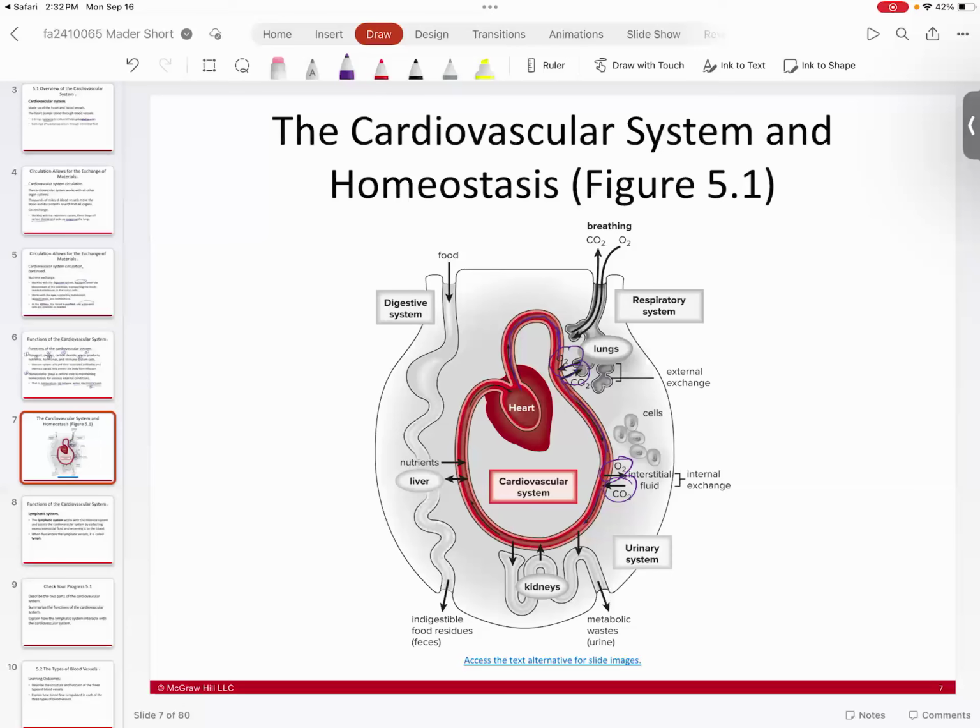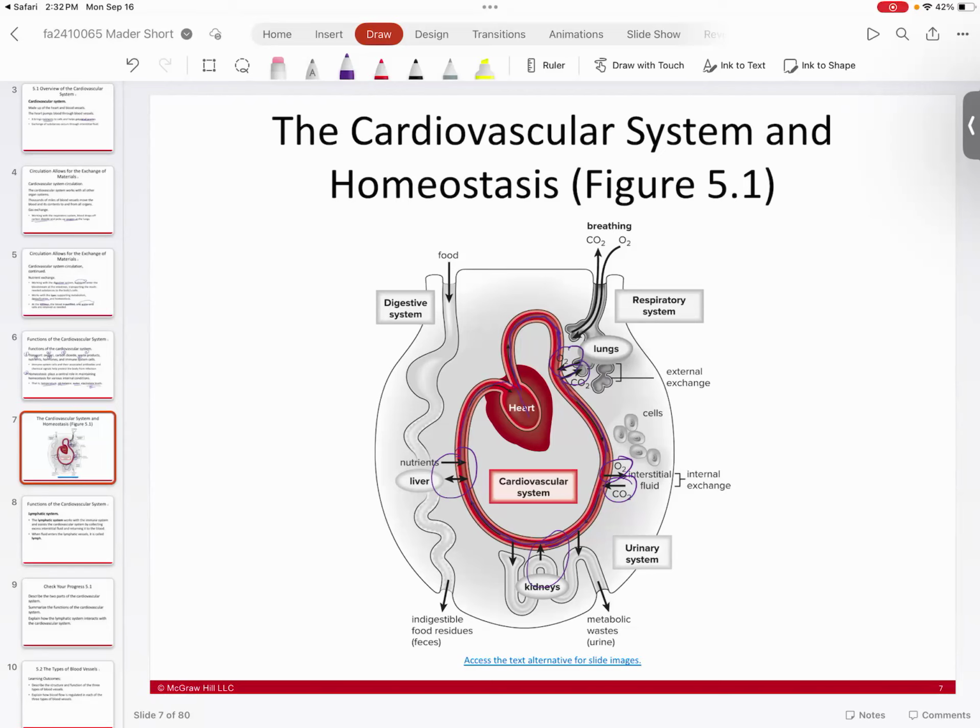And then it's going to exchange different materials and ions with your kidneys. As it gets purified, it goes through the kidneys. And then it goes on the way up through the liver. So it picks up nutrients as it goes through your digestive system, and then is screened by the liver. And then only then does it go back to the heart for redistribution to the rest of the body.